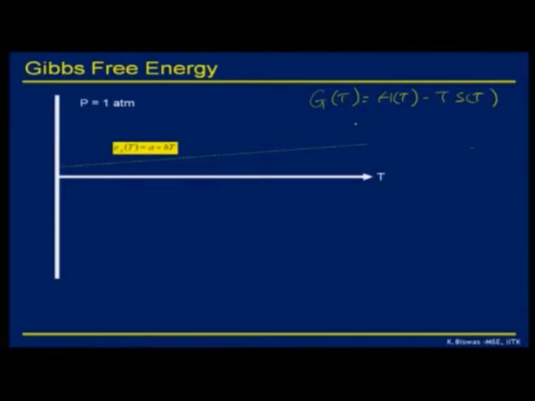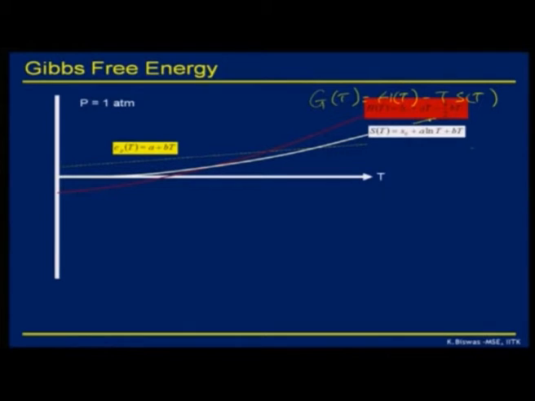So if I do that, I can create this curve, which is nothing but enthalpy like this. If I integrate that, it will become AT plus half BT square plus H0, which is nothing but H reference. Similarly, the entropy will be A log T plus BT plus S0 as the reference term.